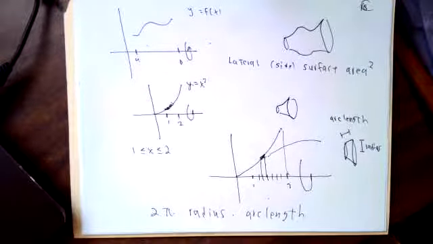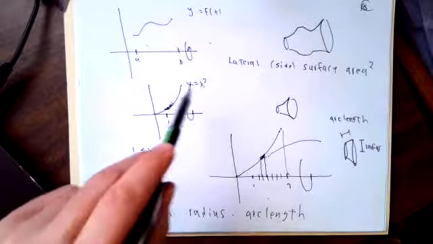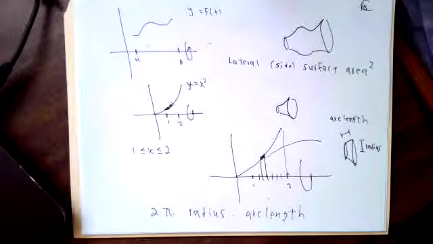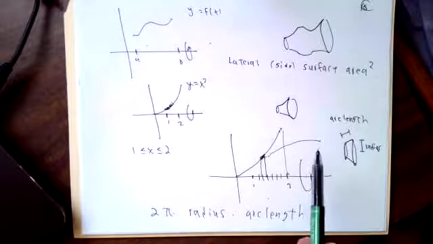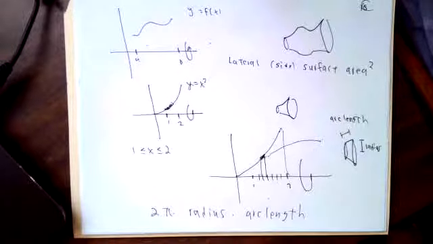So what we're going to do, I'll think of a specific example, y equals x squared. I'm going to look at x going from 1 to 2, and I'm going to revolve this around the x-axis. When I do so, I'll get kind of a fluted shape here. The way we're going to calculate is the same trick that we've done with everything else.